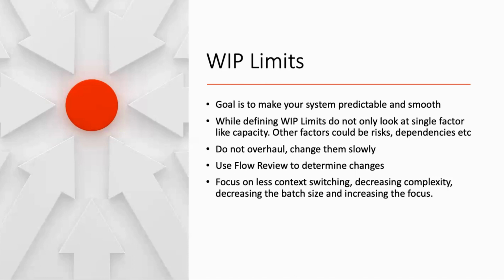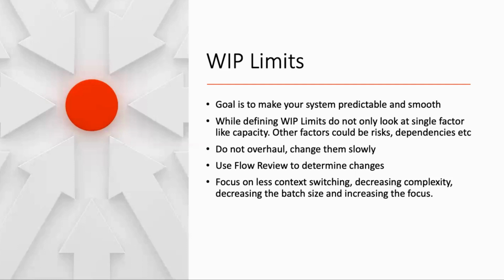Now, flow review is one kind of meeting that happens either bi-weekly or monthly, wherein you collect all the data, all the tickets on which you have worked. You collect the data of your lead time. You find out what the average throughput is. You apply Little's Law, and then you determine how your flow is. And you identify where you generated more waste, where there is more wait time.